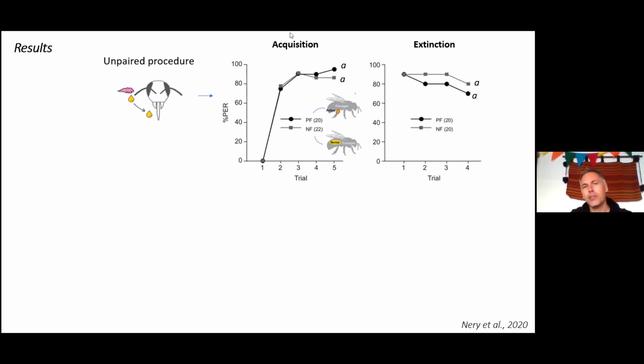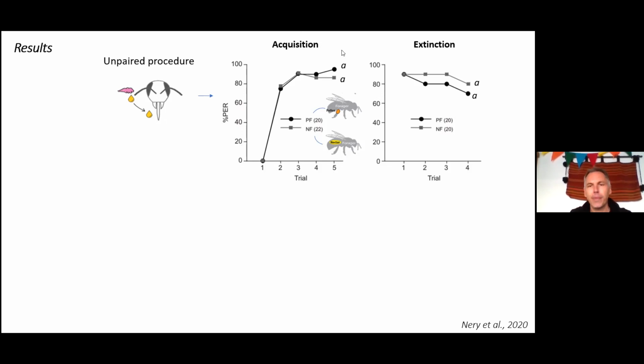And we can see that during acquisition, both arriving foragers, of pollen or nectar type, perform very similarly. Here we have the percentage of bees extending the proboscis during 5 consecutive learning trials.